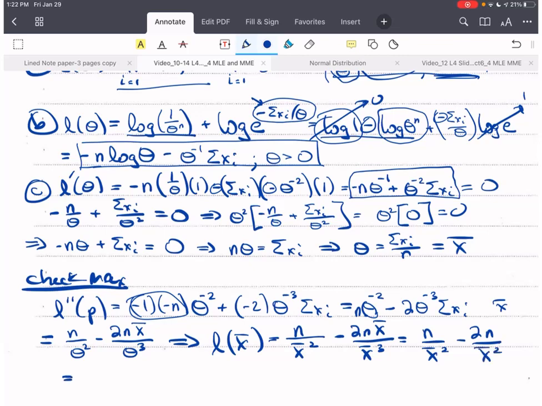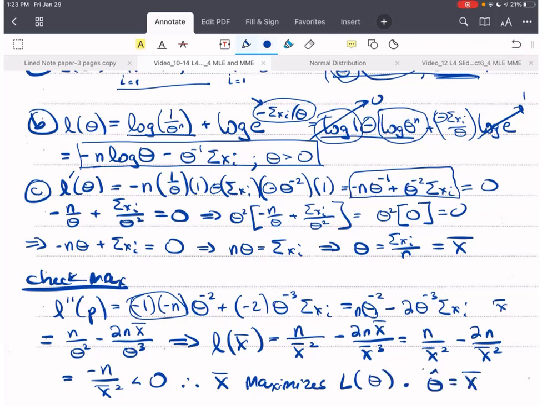They have a common denominator. I have negative n over x bar squared, which is less than 0. Therefore, x bar maximizes L of theta. So theta hat equals x bar. That is my answer.